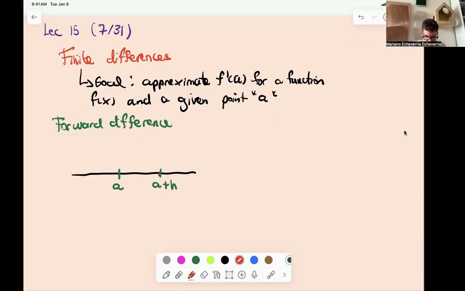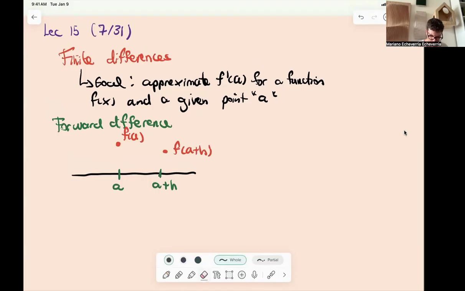At those two values of x, the function has two particular values. Maybe here the function has value f of a, and here it has value f of a plus h.